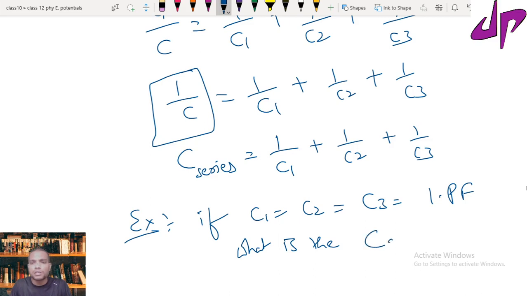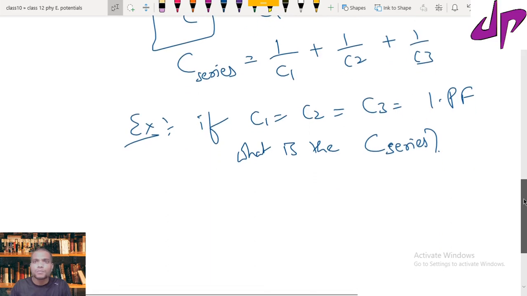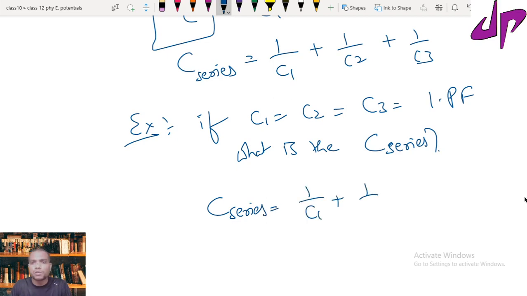What is the C series? To find the capacitance in series, the formula is 1 over C1 plus 1 over C2 plus 1 over C3.